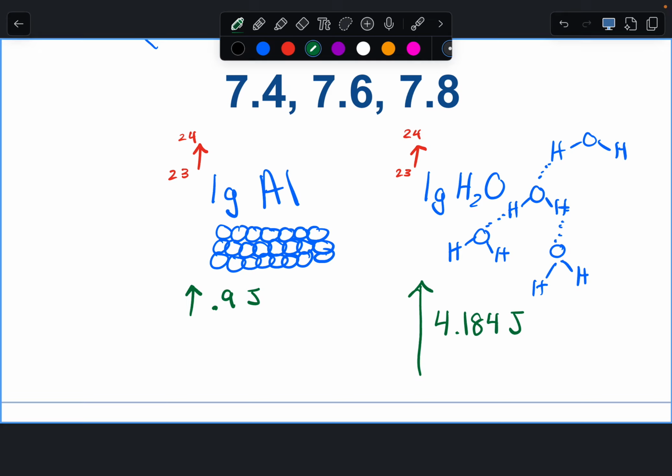The other one that you'll see application-wise a lot of times is if you look at ocean temperatures versus air temperatures. Air has a really low heat capacity. It doesn't take a whole lot of energy to increase the temperature of air, but water, like we saw, is really high.